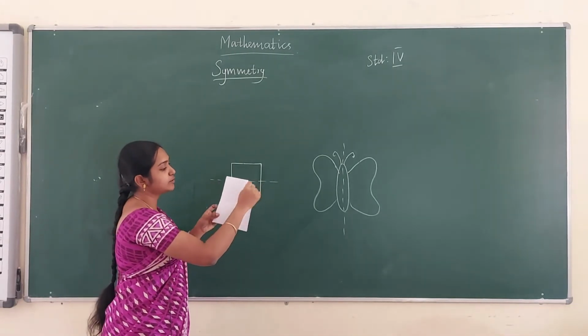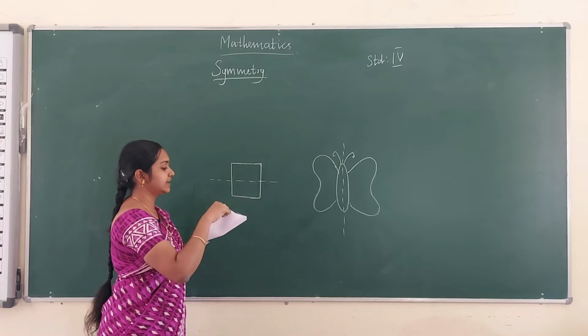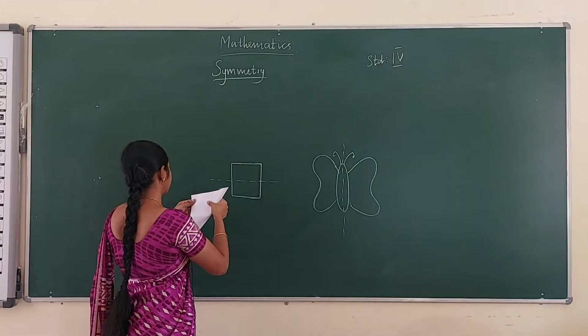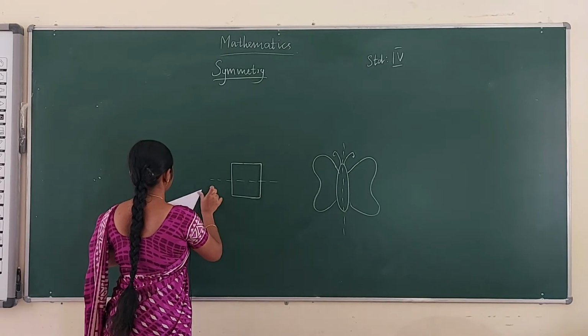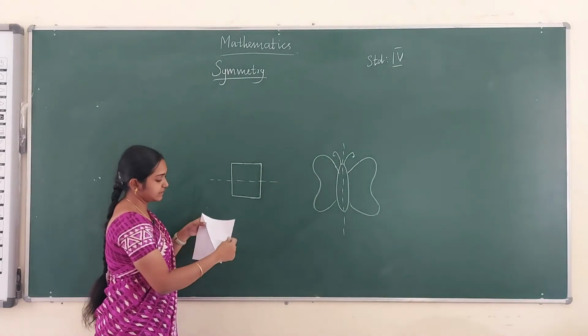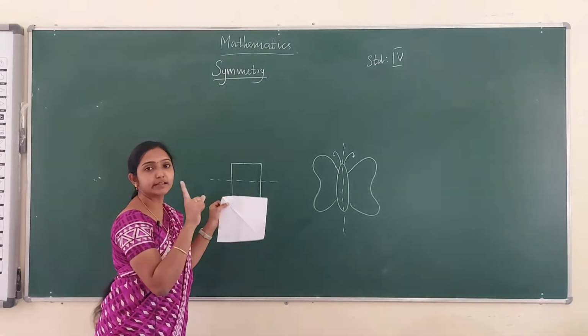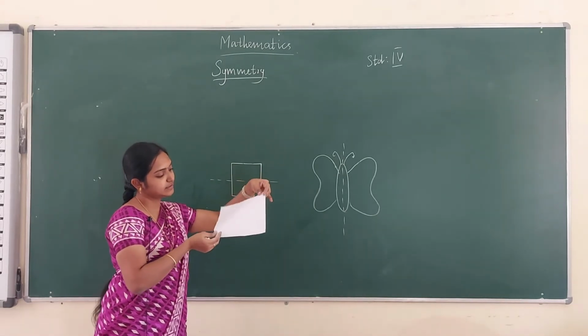Next I am going to fold it diagonally. If I fold it diagonally, I am getting another line also, and I am going to fold it in this diagonal now.